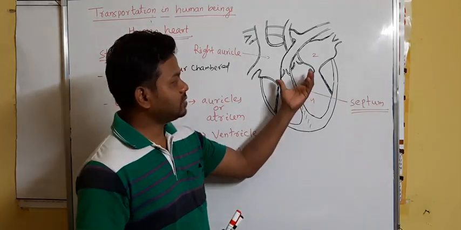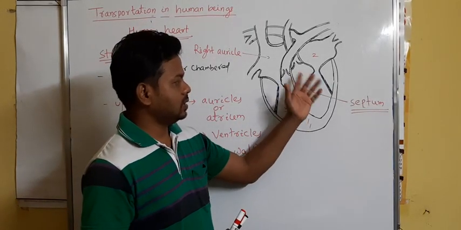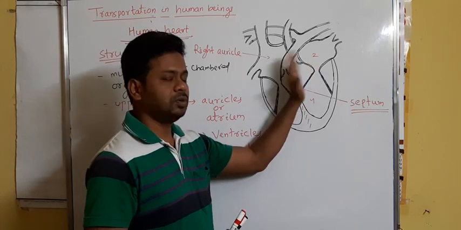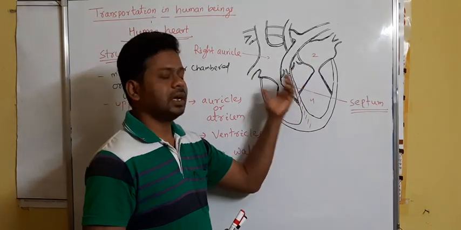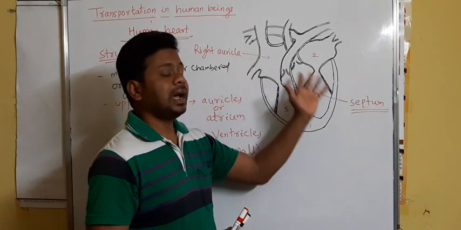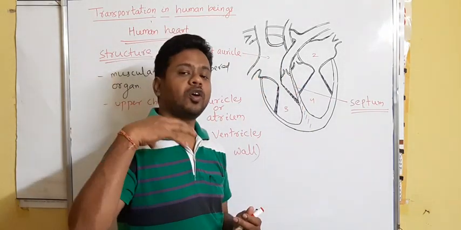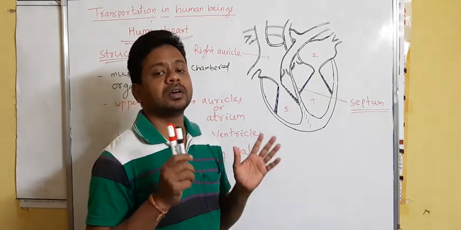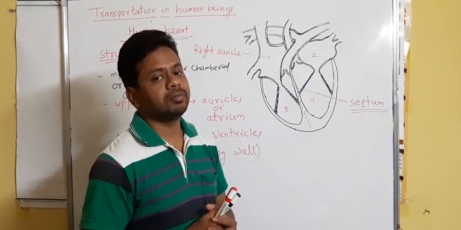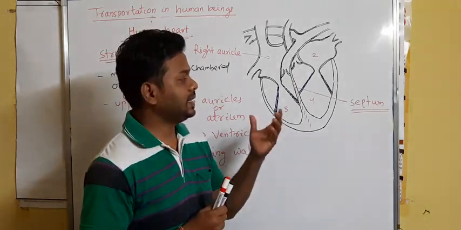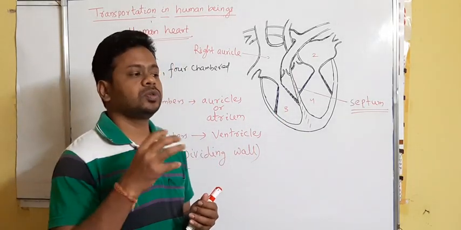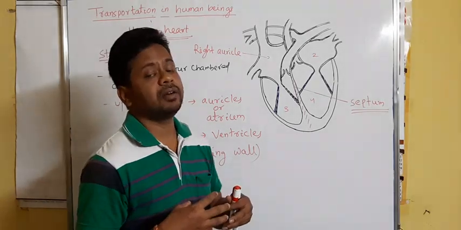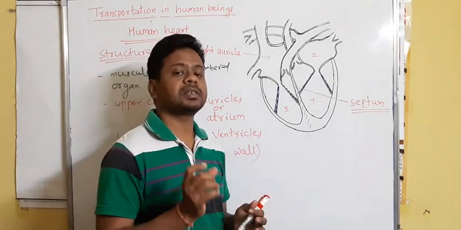So because of this four chamber heart, normally the septum divides the heart into two parts, and because of that, highly efficient oxygen is supplied to the different parts of the body or cell, and it is very much necessary to those animals whose energy needs are very high, like birds and mammals.